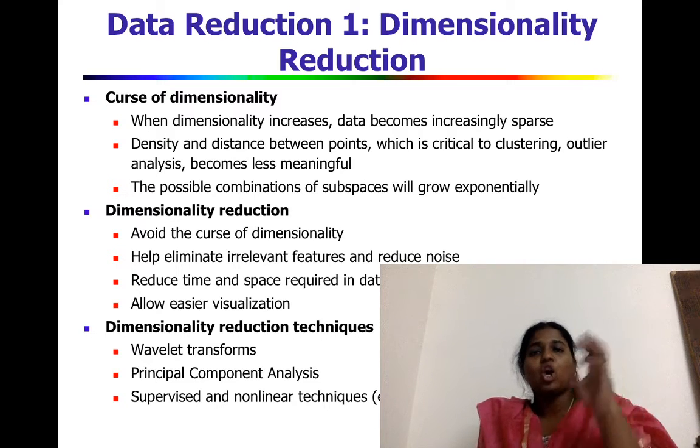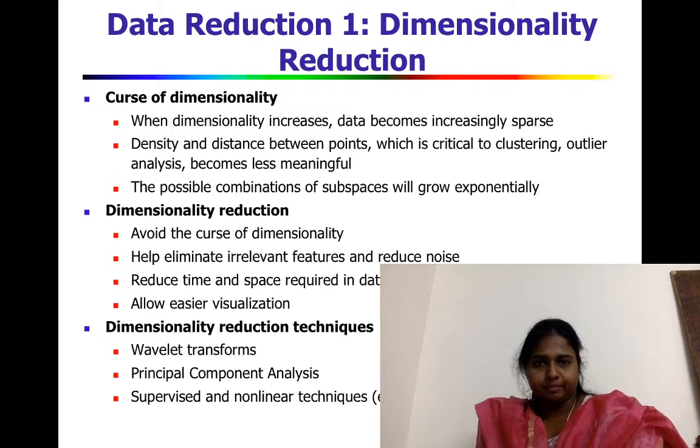You can have a lot of missing values here and there. So that is one problem. If you get a lot of missing values, you cannot get a very good data mining output. So you might have to fill those values. Filling a lot of missing values can be very hectic by itself.